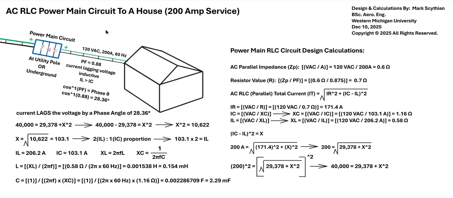This presentation is a continuation of the previous presentation focusing on the AC city grid, electrical grid layout for 1041 homes. In the previous presentation, we can see that the circuit then terminates to a power main circuit from the residential power distribution network.